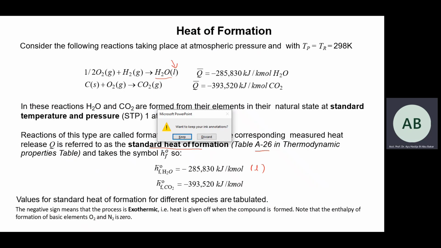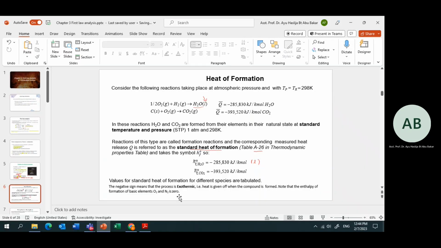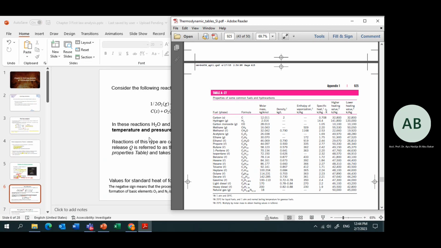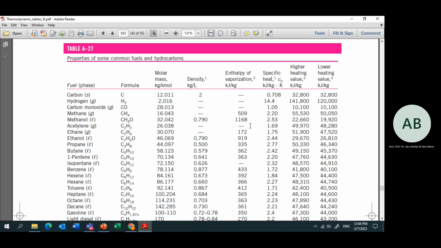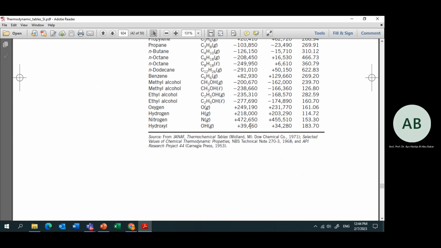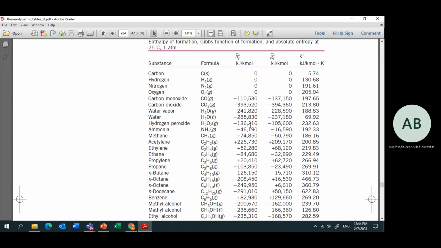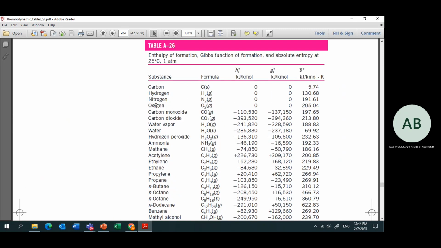Let me share with you the table. A26. Water, we have water vapor and water liquid.